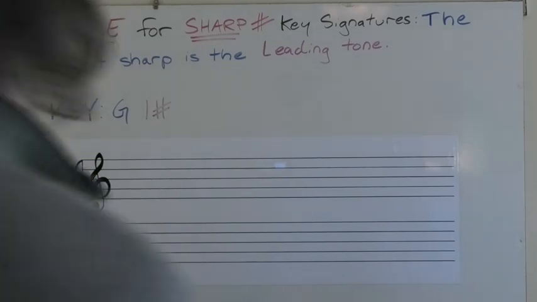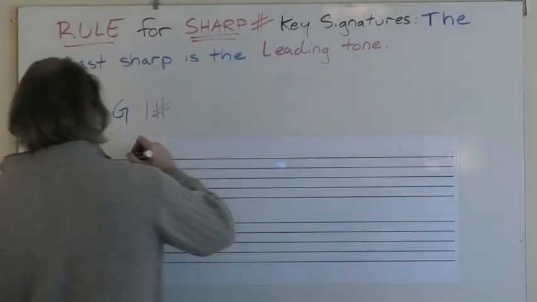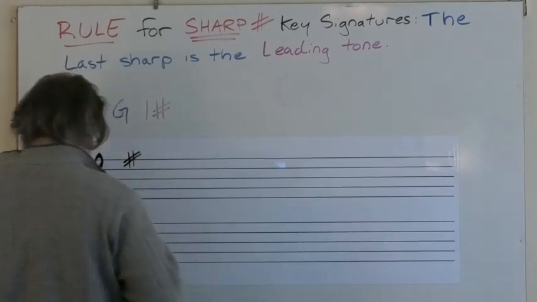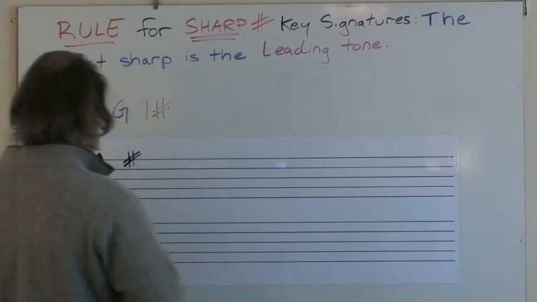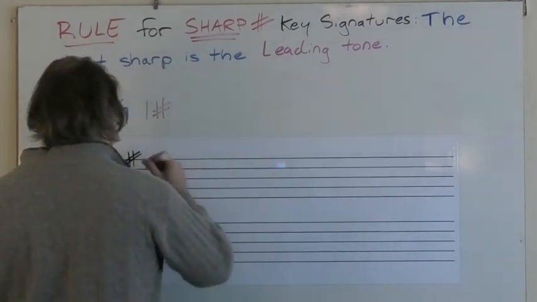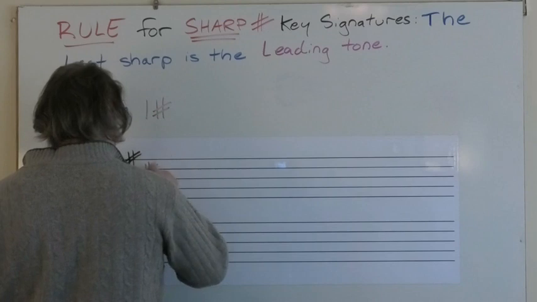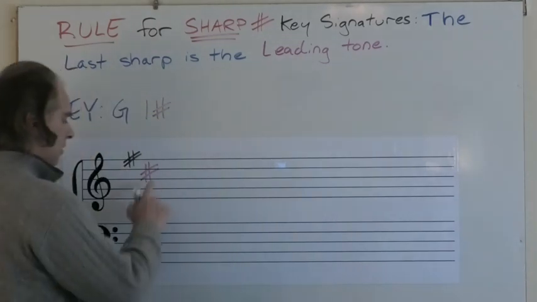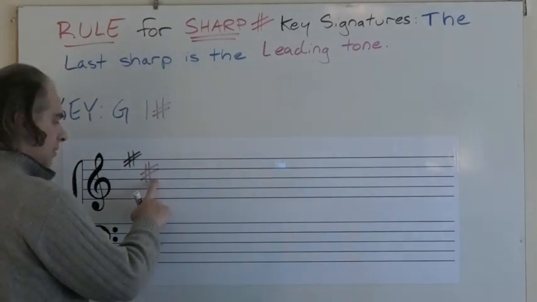So the second sharp, this is F sharp. Next we'll add, what sharp is this? That is C sharp.